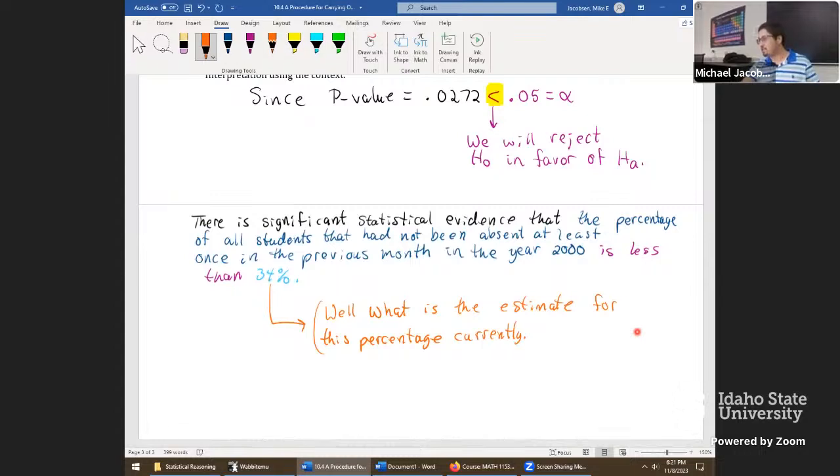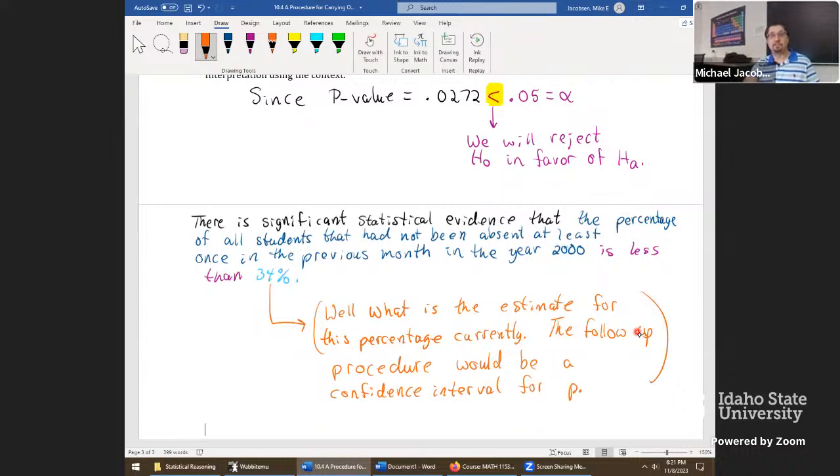The follow-up test, or test is the wrong word, the follow-up procedure would be a confidence interval for P.